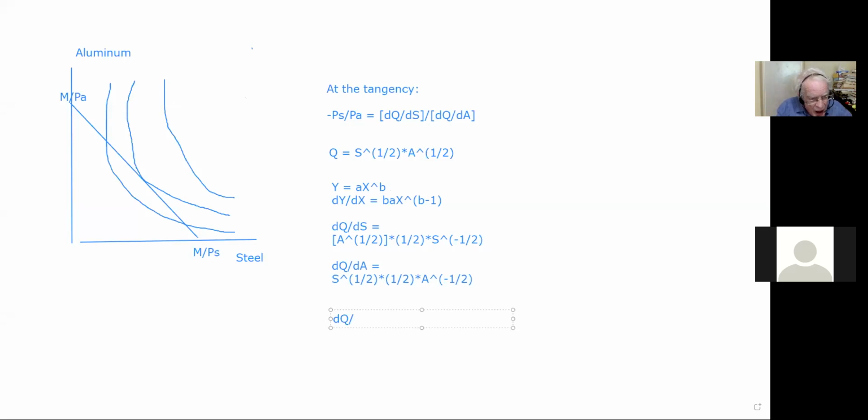So let's see. Here is the numerator for the marginal product ratio, and then divided by the marginal product of aluminum in the denominator of that expression.